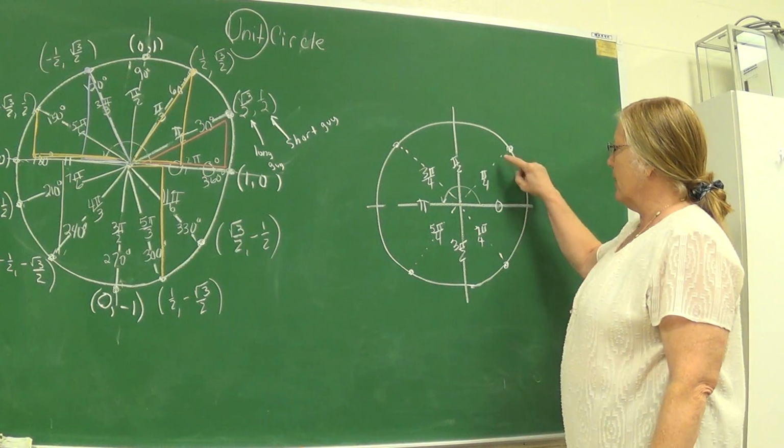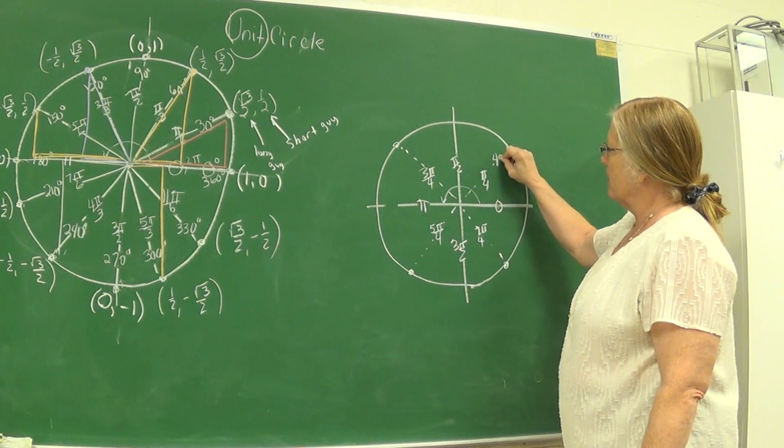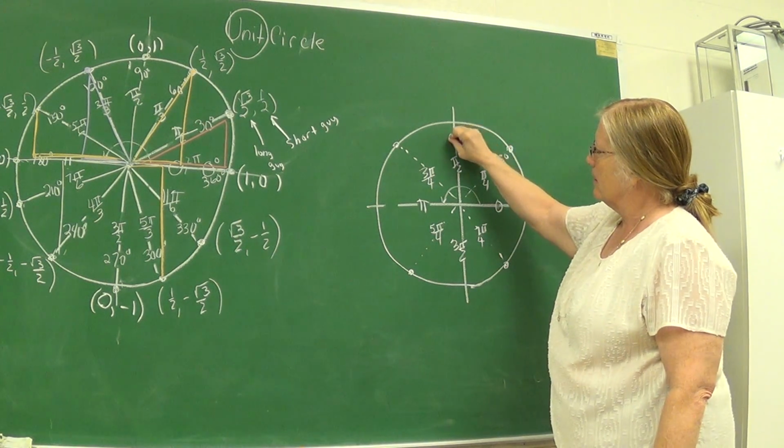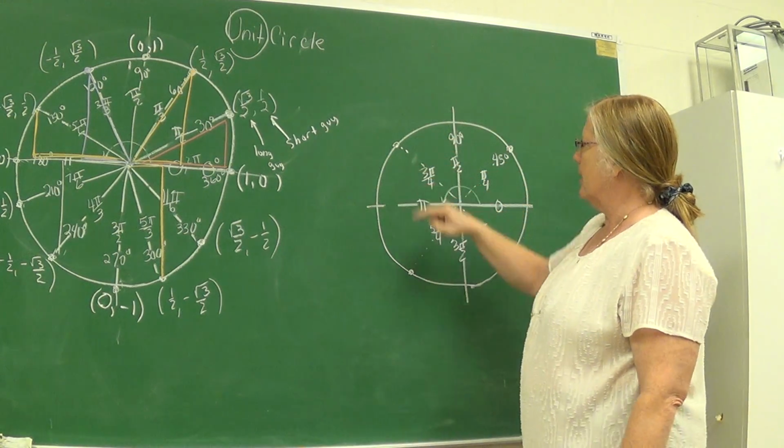Let's put in the degrees. So this is 45, 90, 90 and 45.